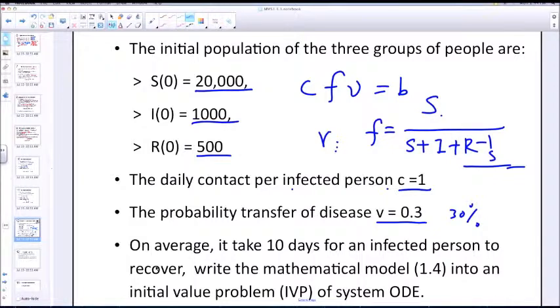So in this case, this is 20,000 plus 1,000 plus 500 minus 1, this many. That's the F. But the R is relatively easy. If you take 10 days to recover for an average person, then the daily recovery rate R equals 1/10. That's relatively easy.